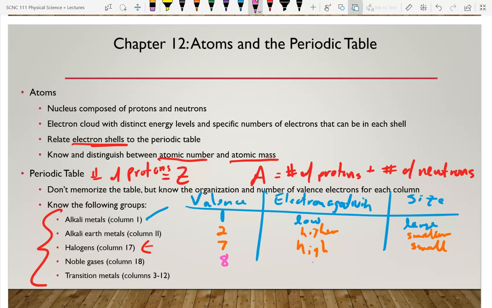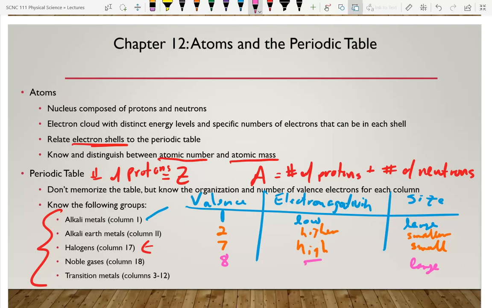So I don't even know electronegativity numbers there. They're inert. They want to hold on to what they have, but they don't want any extra ones. They just don't do anything. So I don't know if we talk about a number there because they don't do anything. And their size, my recollection is they're fairly large again.